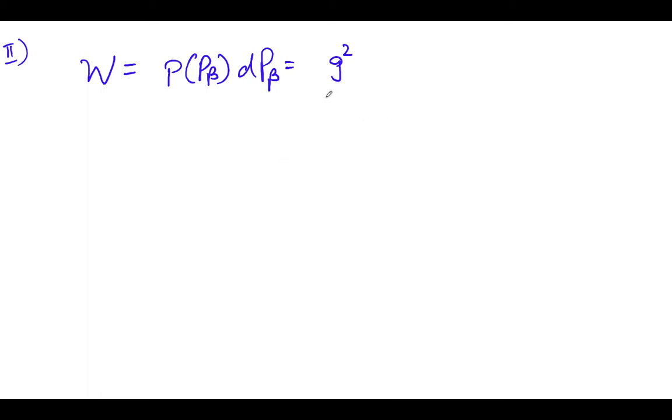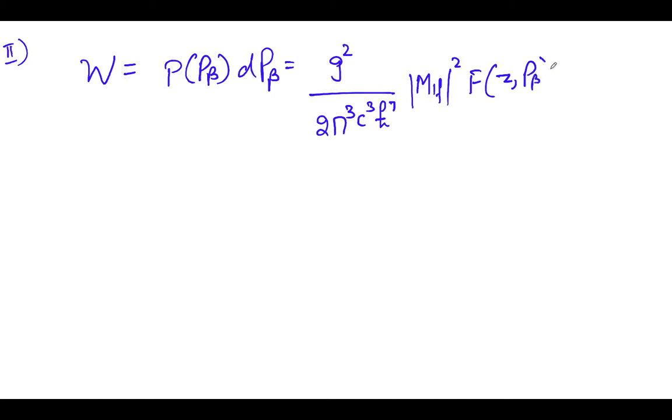When we introduce the Coulomb correction, the equation becomes h raised to power 7 MIF square, that is the matrix element. We add this extra function F of Z, pb, that is generally known as the Fermi function, pb square, em minus eb square, into delta pb.